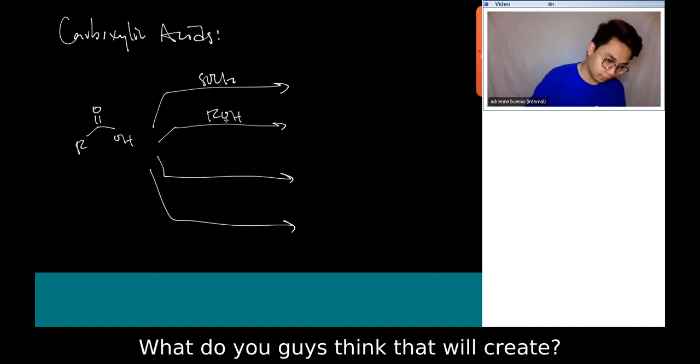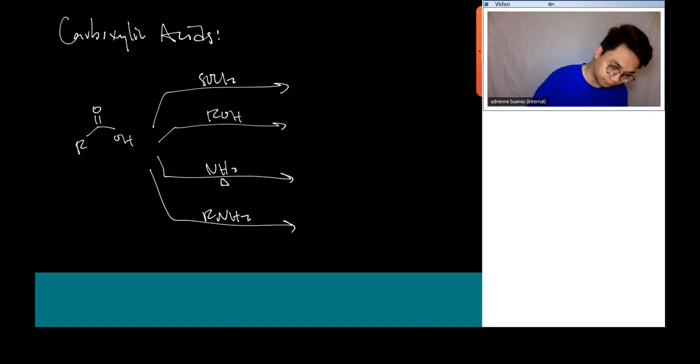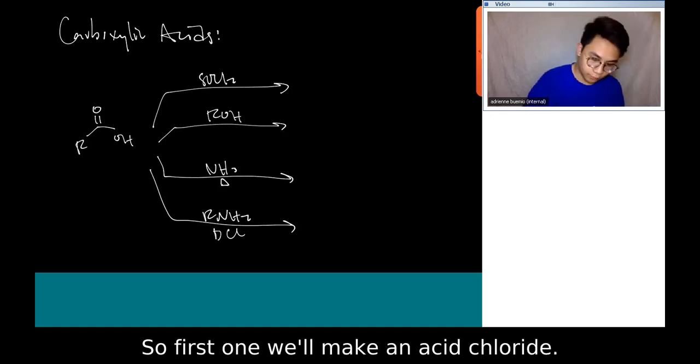What do you guys think that would be, right? NH3 and heat, and then RNH2. Okay. So first one, we'll make an acid chloride.